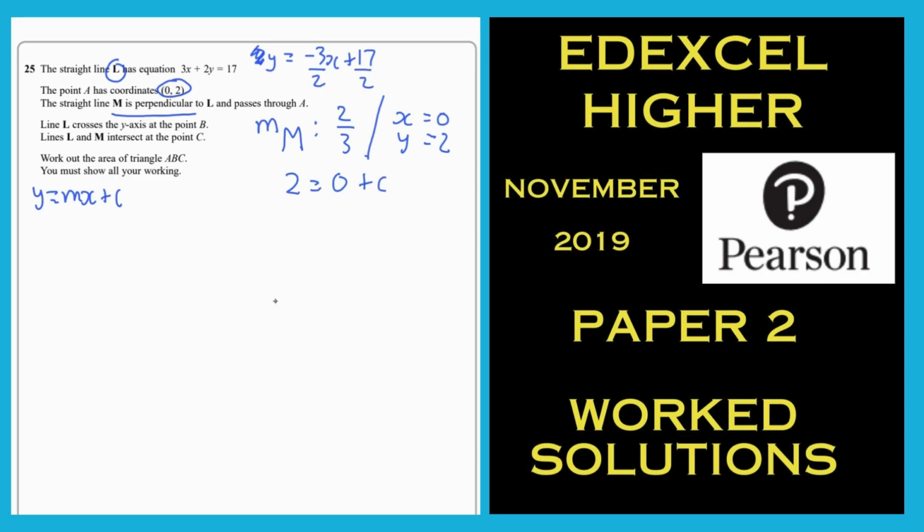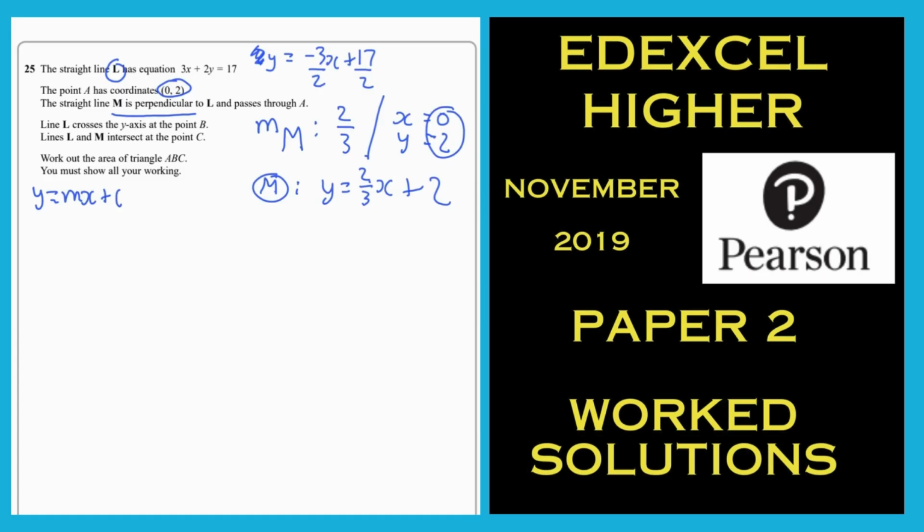You actually get that the intercept is 2, but you really didn't need that because it tells you there. That means we've got the equation of line M. It's y equals 2/3 of x, and the intercept is 2.